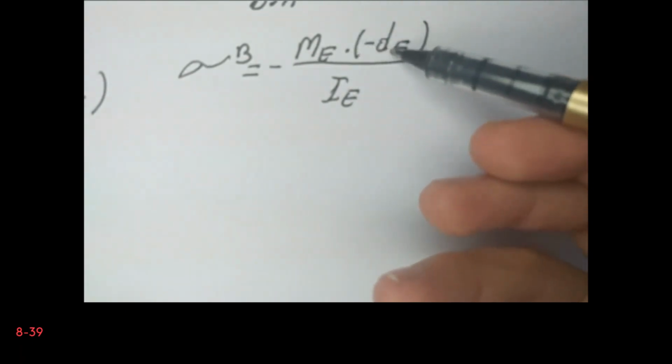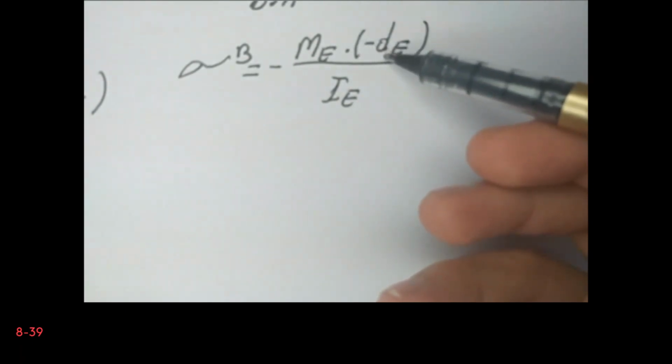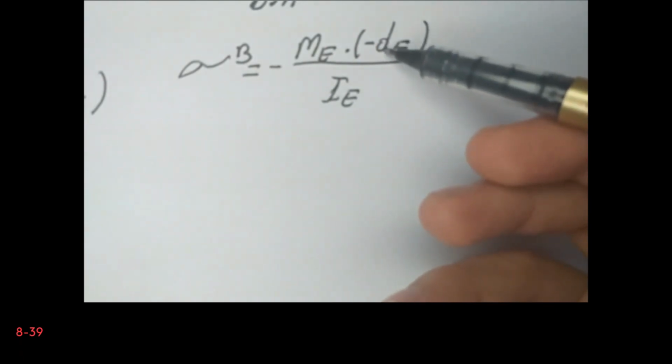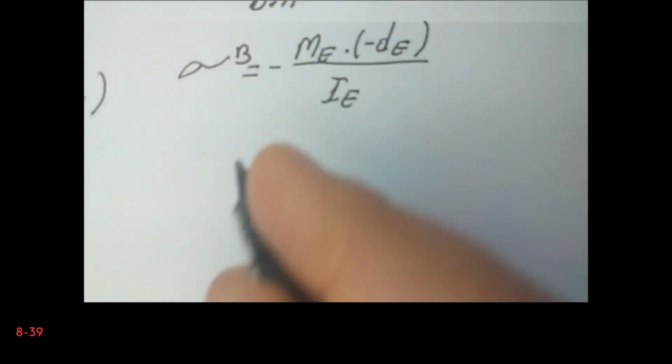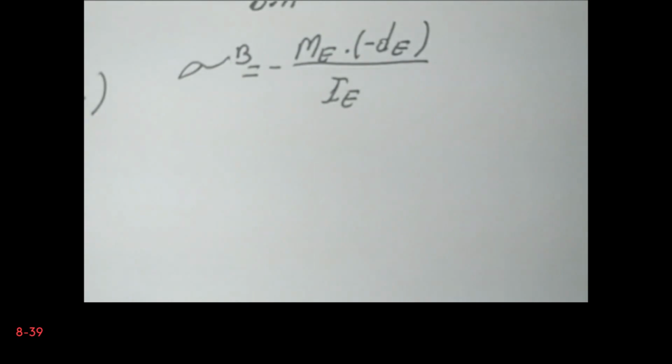So this is the distance to the neutral axis. It is on the negative side. So minus DE divided by the moment of inertia. And from here what you obtain is 59.4 megapascals.